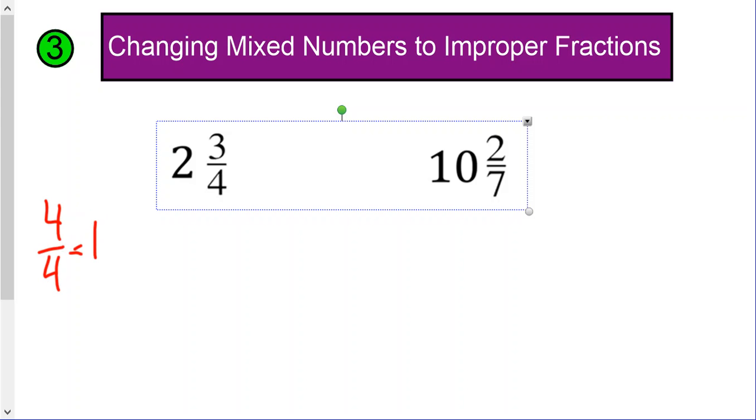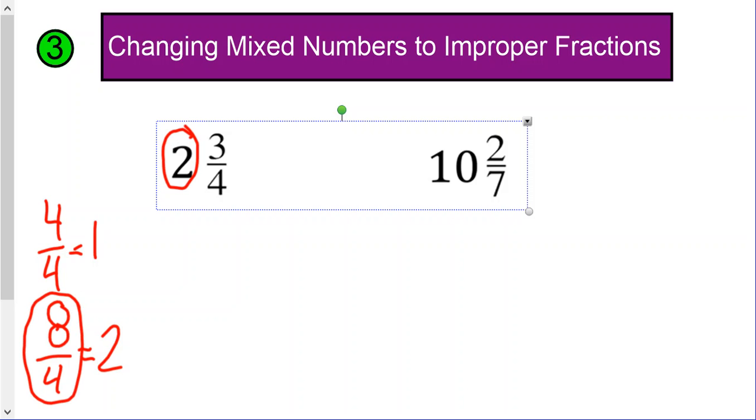Okay, so if we have 2, that means we actually have 8/4. And you can check this by dividing 8 by 4, which will give you 2 wholes. Okay, so this 2 here really represents 8/4. Okay, so the trick would be to multiply and then add.